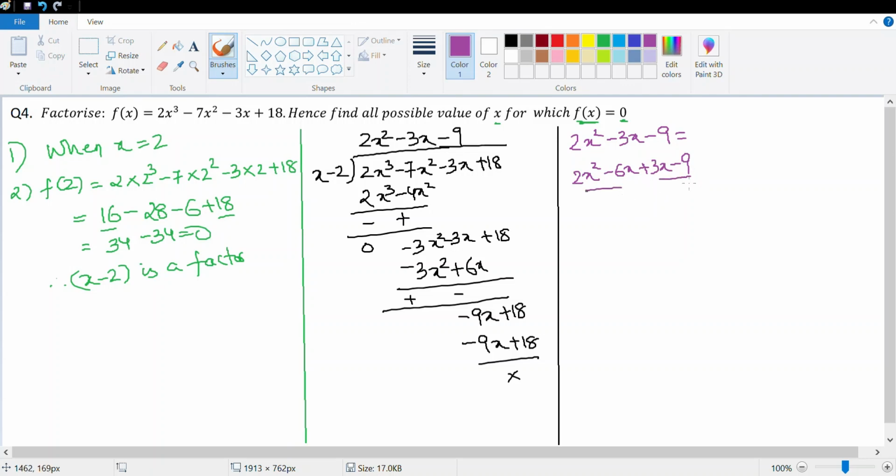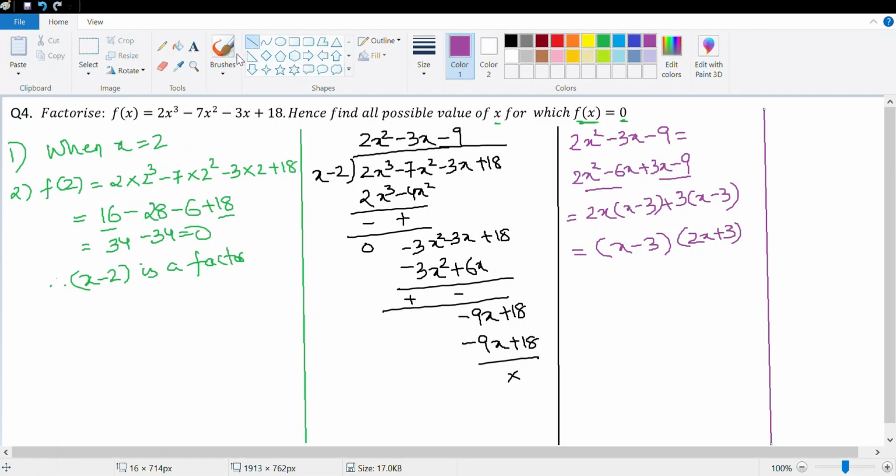Grouping it the way I've underlined, we get 2x times x minus 3 plus 3 times x minus 3. So this is x minus 3 times 2x plus 3. So we've completed the factorization.